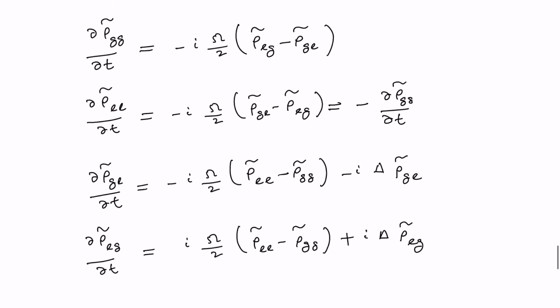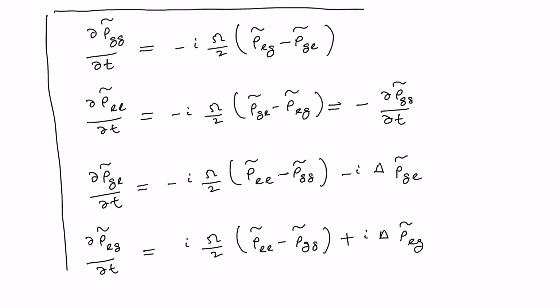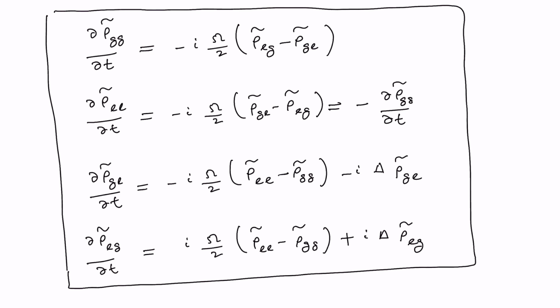Alright, so these are the four equations that we have for the evolution of the density matrix elements.